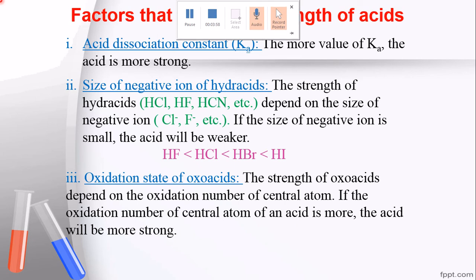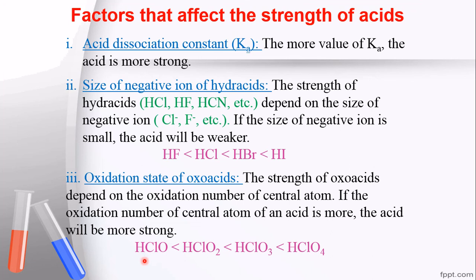For example, there are four acids. Everywhere the central atom is chlorine, but their oxidation numbers are not the same. This is hypochlorous acid, where the oxidation number of chlorine is +1. This is chlorous acid. Here the oxidation number of chlorine is +3.